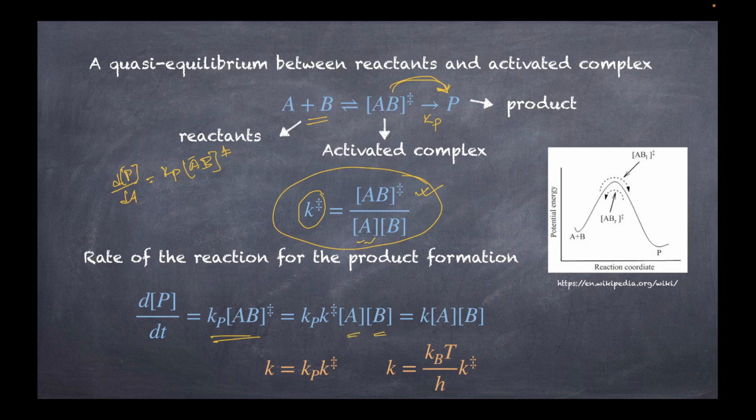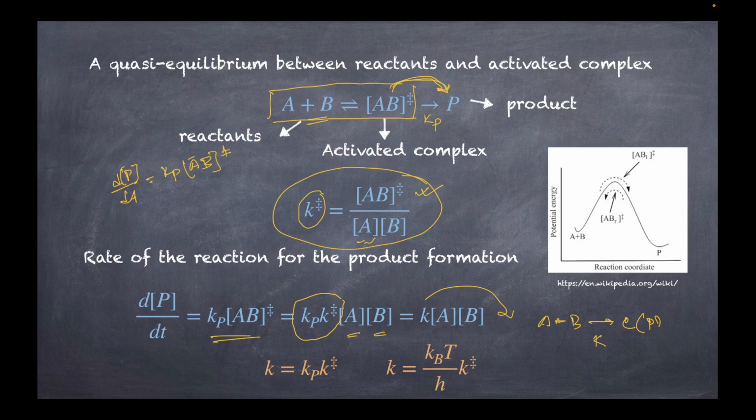Now we can combine these two constants, where kp is the rate constant for this step and K double dagger is the equilibrium constant for the previous step. Let's say it is k. So k is the overall rate constant for the reaction A plus B to P. So k is kp times K double dagger.